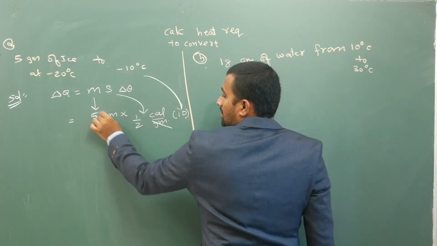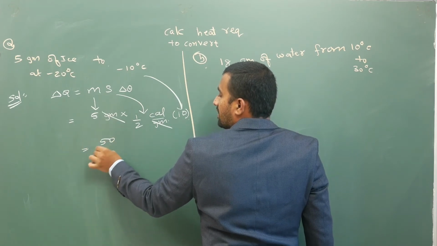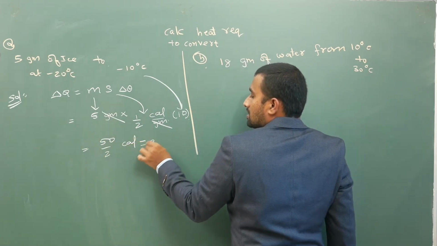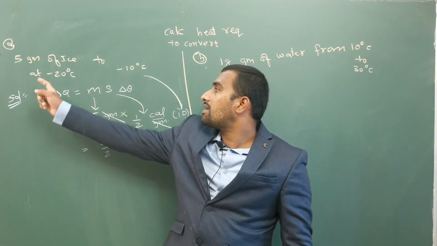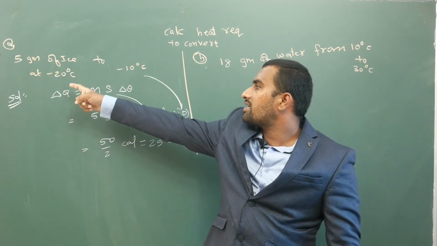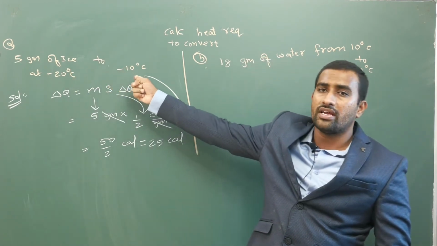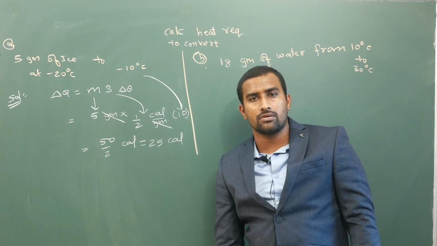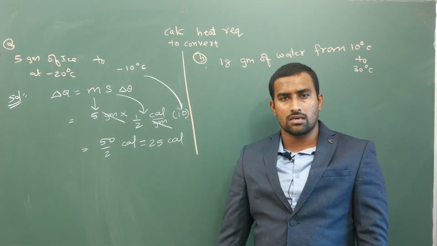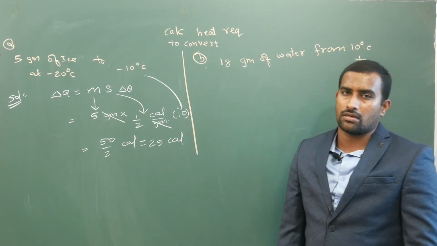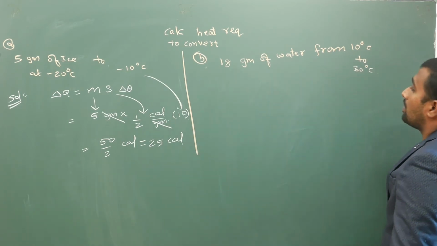Gram will go off, so you will get 50 by 2 calories, that is equal to 25 calories. That means you require 25 calories to convert 5 grams of ice at minus 20 degrees centigrade to 5 grams of ice at minus 10 degrees centigrade. Your mass is not going to change if the state is changing. Mass remains constant; mass is an intrinsic property of the body.